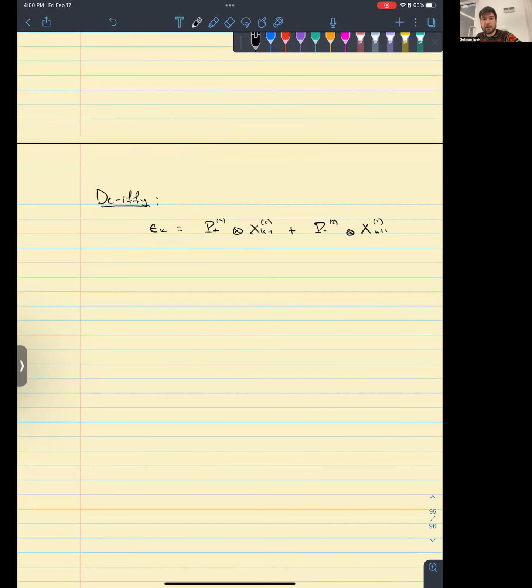So all of these are just going to be controlled operations on the first and third qubits. So this is X epsilon k plus, epsilon k minus.